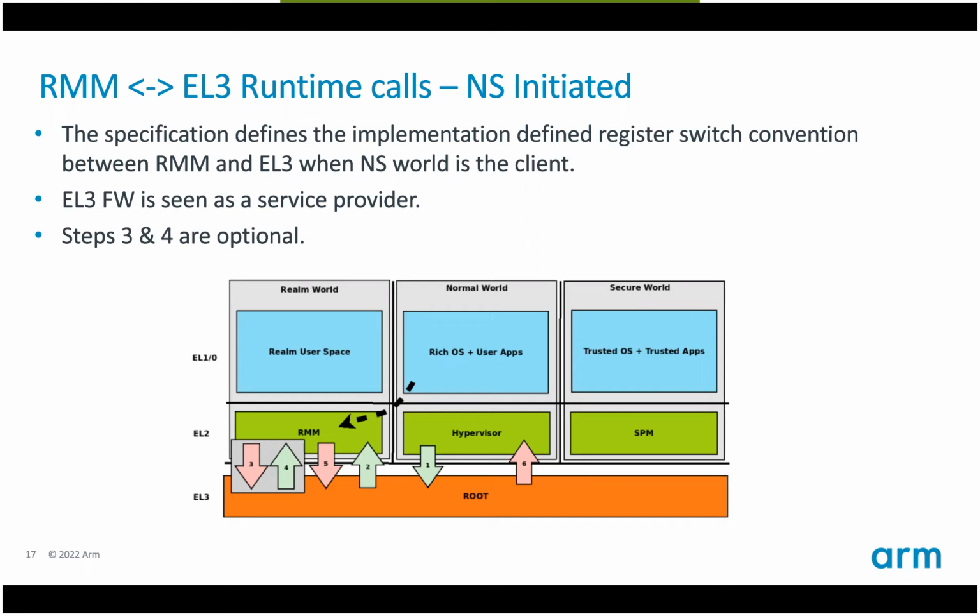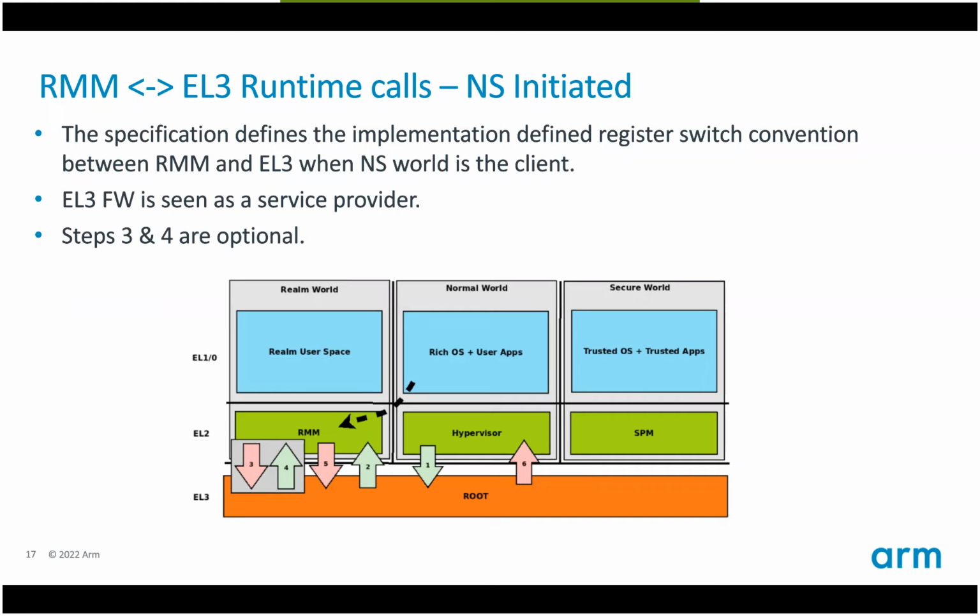What will happen in this case is that the normal world will make the request to EL3 firmware, and then EL3 firmware will forward that call to RMM. RMM will process the call, return back to EL3 firmware with the return value, and then EL3 firmware will return that value to the normal world.